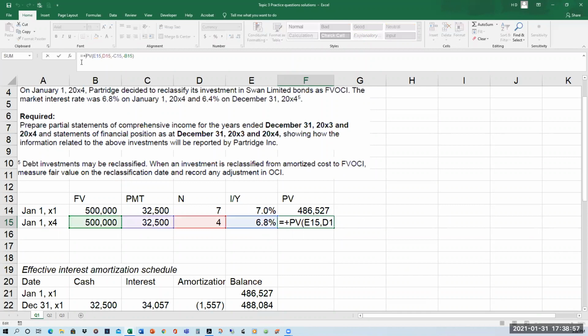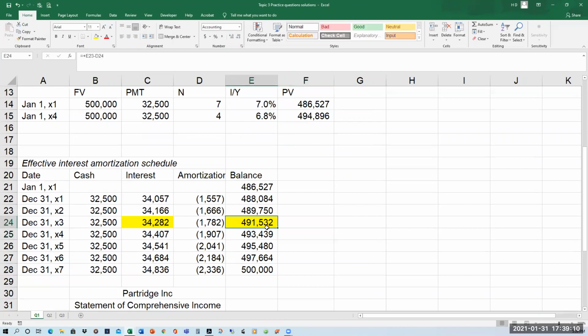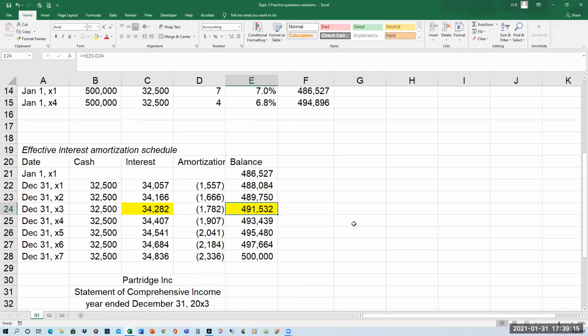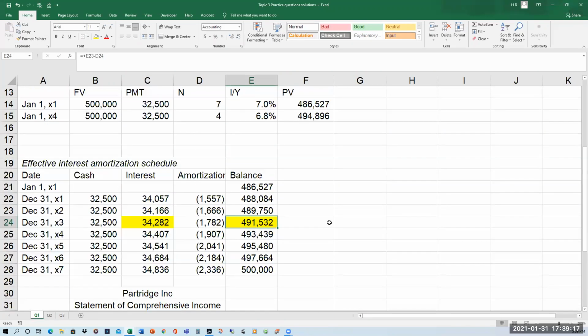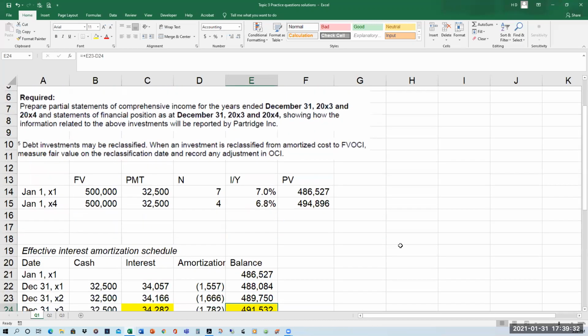I just like to round it to the nearest dollar: 494,896. Now, our carrying amount on this date is 491,532. So what will happen as a result of the reclassification is we will record any adjustment. So we measure fair value, and then we record any adjustment in other comprehensive income.